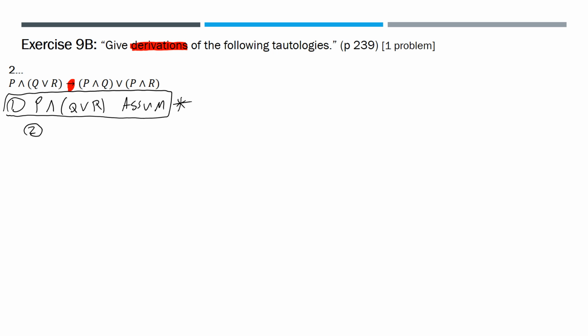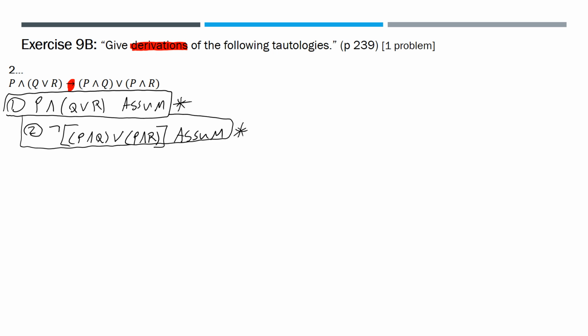Our second assumption is an indirect proof. We'll assume not brackets, parentheses, P and Q, close parentheses, or parentheses P and R, close parentheses, close brackets. And this is our assumption 2. And this assumption, again, is our indirect proof.